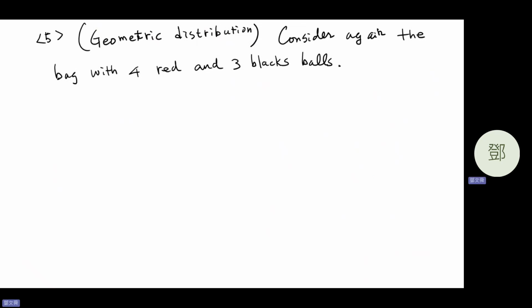This experiment looks like this: failure, failure, failure, success. The experiment stops; do not draw anymore. Or failure, failure, failure, success, and then stop.